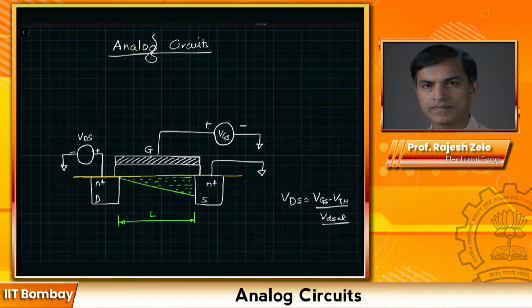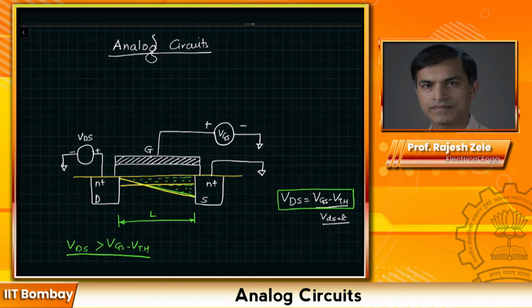If we keep increasing VDS, the drain to source voltage, beyond this value, when VDS is greater than VGS minus VTH, then what happens? I want you to think about it. Earlier we had a channel that looked like this, and then slowly it became like this. You can probably extrapolate and say that as VDS goes beyond VGS minus VTH, the VDSAT value, the channel looks like this.